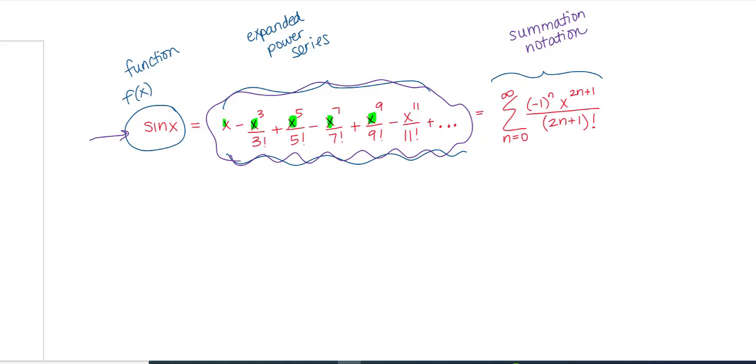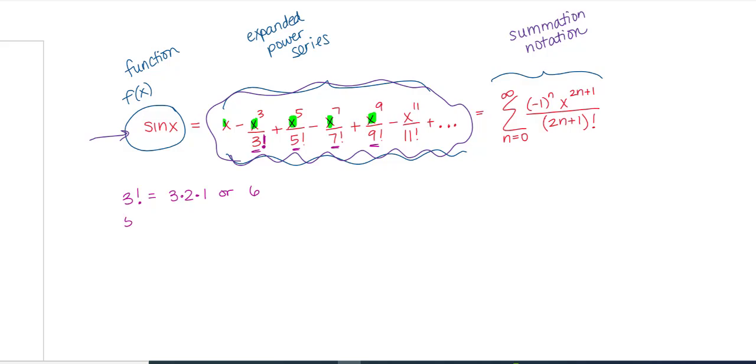You may have never seen that exclamation point before. That is a factorial. For example, 3 factorial is really 3 times 2 times 1, or we could certainly write 6. The reason we don't write 6 is because we can hopefully see the pattern. I have an increase of 2 each time, where it's all of the odds.